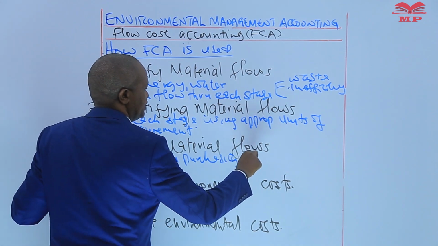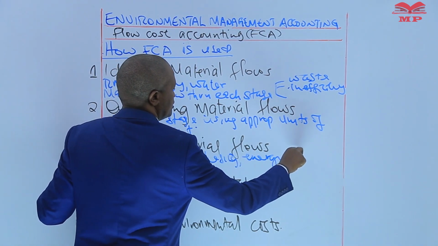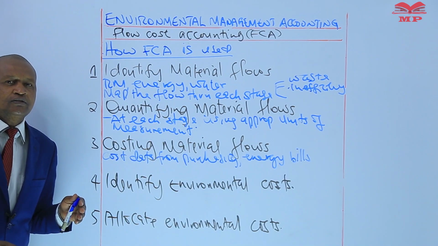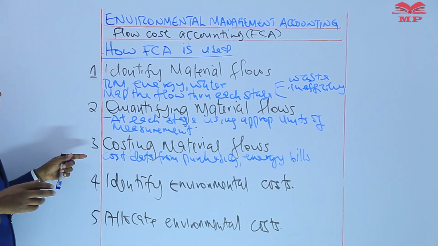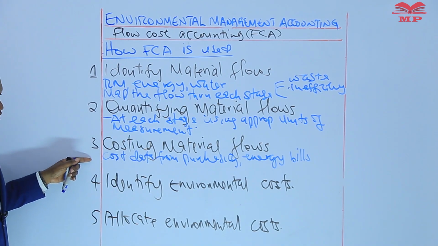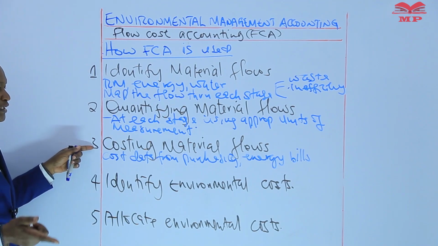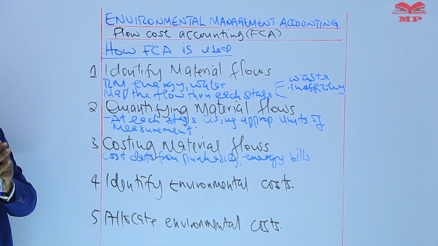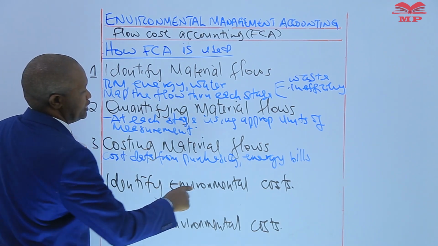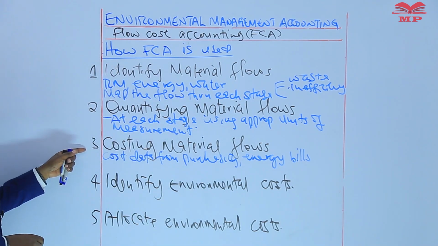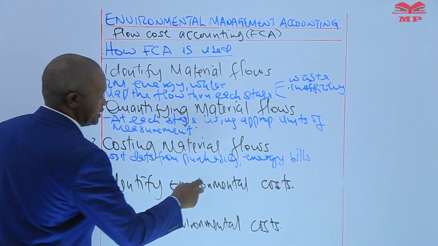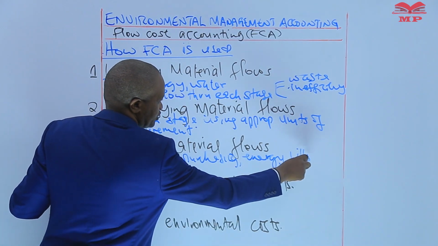You can use energy bills, electricity bills when doing the costing. All right? Using cost data from purchasing, energy bills, and other sources to do costing of material flows, assigning environmental costs to each stage. Do you understand? Costing material flows.